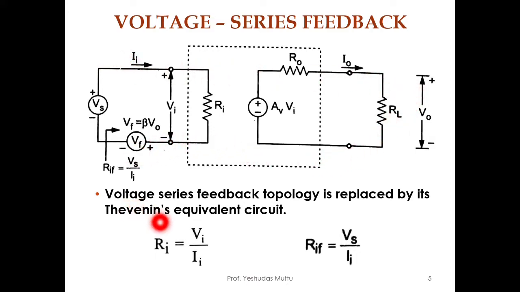There are two RIs over here, that is RI and RIF. RI is input resistance without feedback, RIF is input resistance with feedback. RI is given as VI upon II, RIF is given as Vs upon II. This is the basic thing which you will require for all the topologies, so please keep this in your mind.